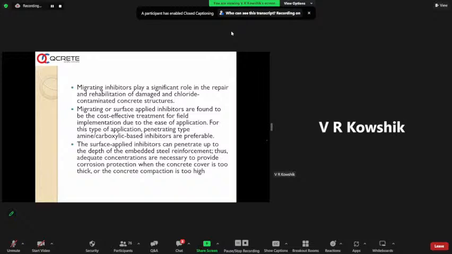So it is a very happy solution for many of the situations where, especially in coastal regions, where the chloride resistance RCPT values have to be improved, and then you have to protect the concrete along with SCMs. If we use integrally this kind of product, it significantly improves the longevity of the RCC structure.